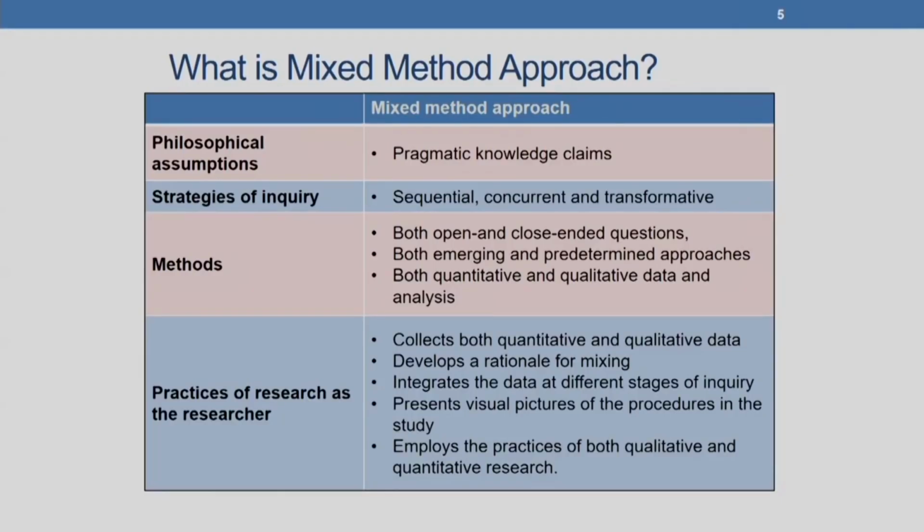The methods of inquiry can be both open-ended and close-ended questions, both emerging and predetermined approaches, and both quantitative and qualitative data and analysis are used when we are employing mixed methods approaches. The practices of research as the researcher, the practices that the researcher can follow, is that they can collect both qualitative and quantitative data, develop a rationale for mixing.